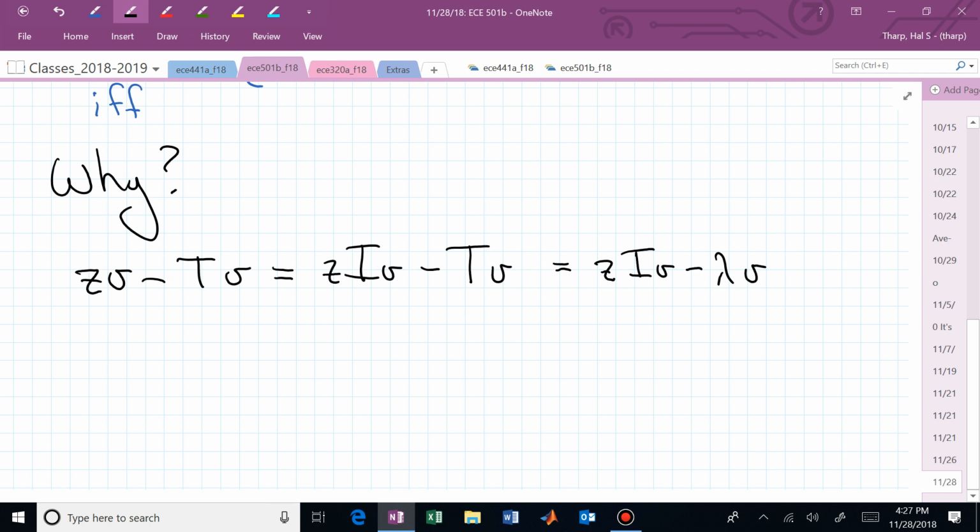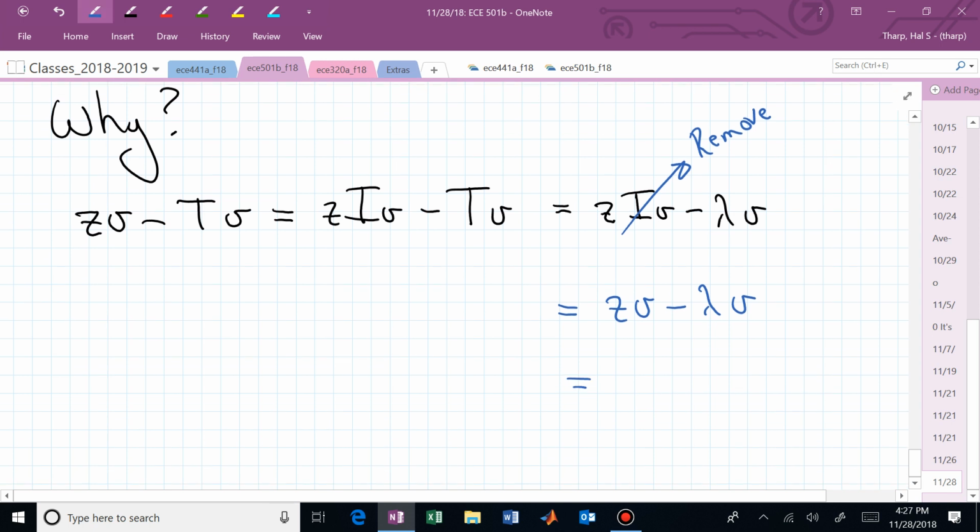But now let me work with the last two expressions on the right-hand side of that equality. Meaning, let me drop down an equivalent expression for both of those sides. And this one is going to be pretty easy. Let me just remove, again, that identity operator so that this says I have zv minus lambda v.